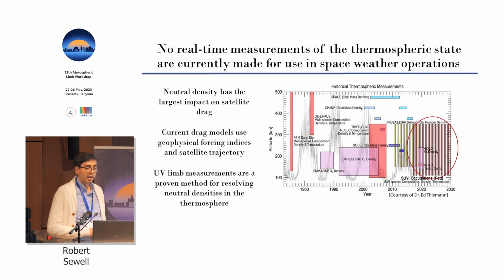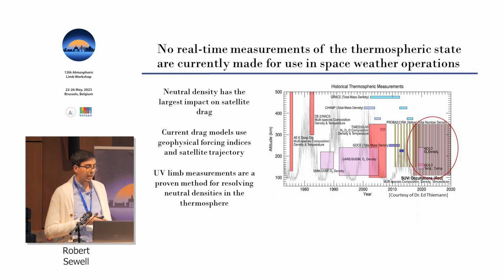Currently, there are no real-time measurements of the thermospheric state, and this is kind of a problem because the neutral densities have the largest impact on satellite drag, and particularly for satellites in low Earth orbit, this is a problem.